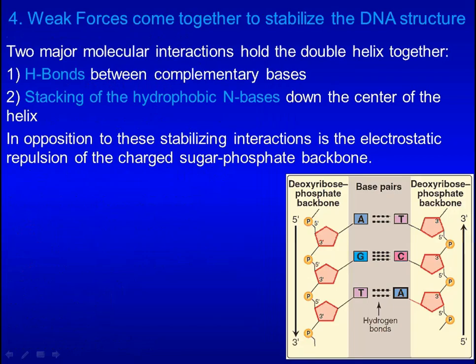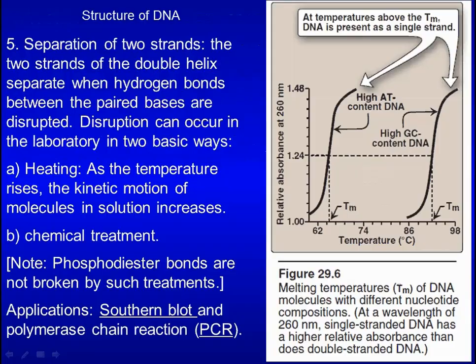Two major forces stabilize the DNA structure: hydrogen bonds, and stacking of hydrophobic nitrogen bases through hydrophobic interaction. On the other hand, the force that destabilizes the DNA structure is electrostatic repulsion by the phosphate groups.